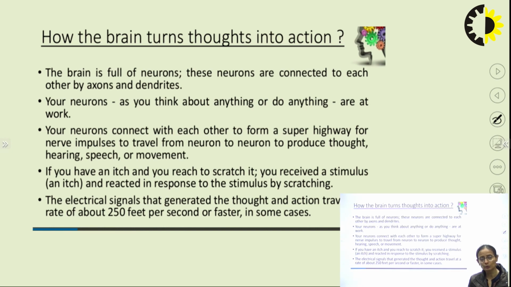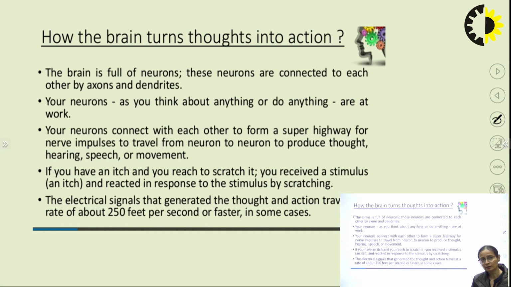Your neurons are connected with each other to form a super highway for nerve impulses to travel from neuron to neuron to produce thought, hearing, speech or movement. That is, these neurons are connected with one another, thus forming a complex network.